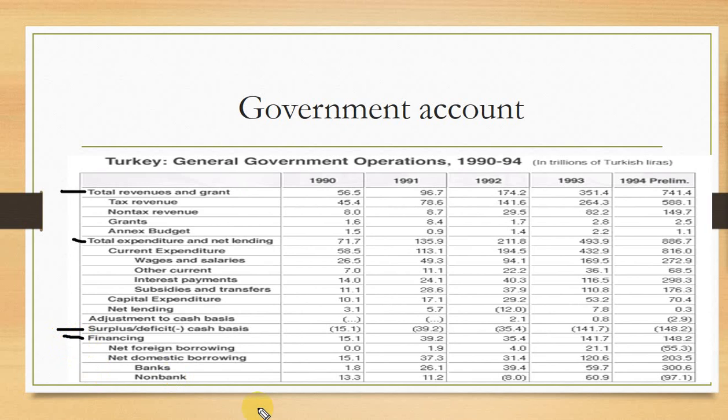So mainly it is two main parts: revenue, expenditure. Then we are going to add them together in order to find whether we have surplus or deficit, then how to finance this surplus or deficit. We are going to talk about each one of them in details.